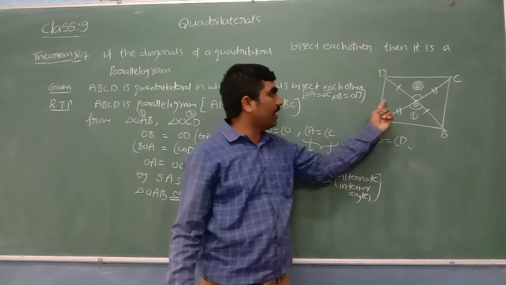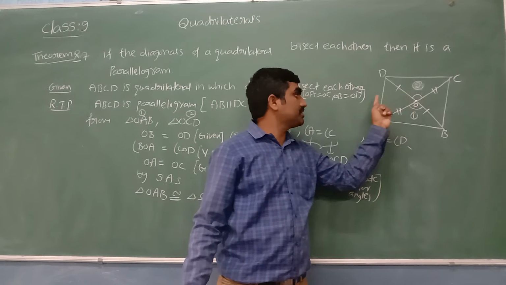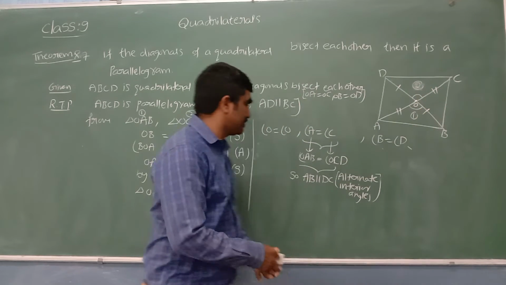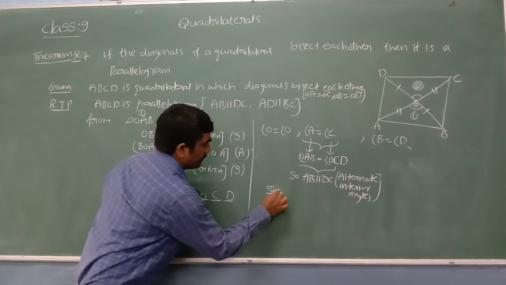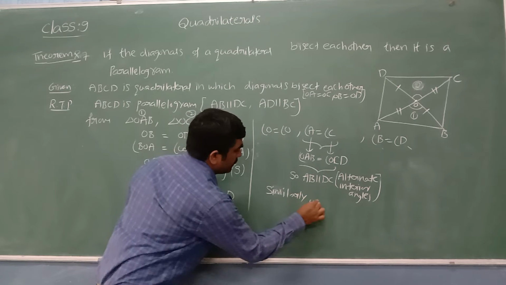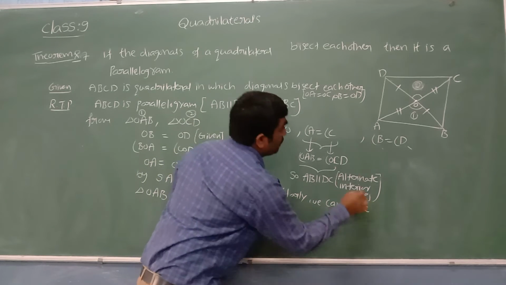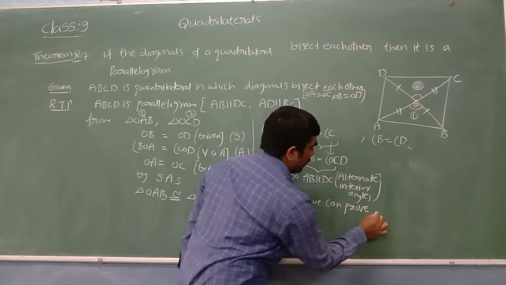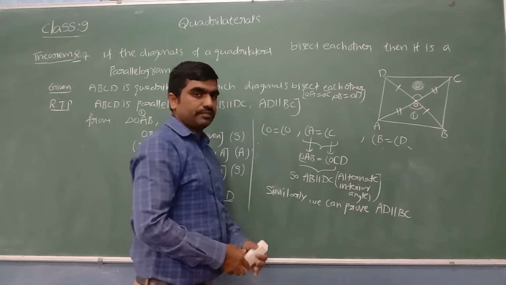If you take the other opposite triangles, then you can say that AB is parallel to DC. Similarly, we can prove AD parallel to BC also. How can we prove that?